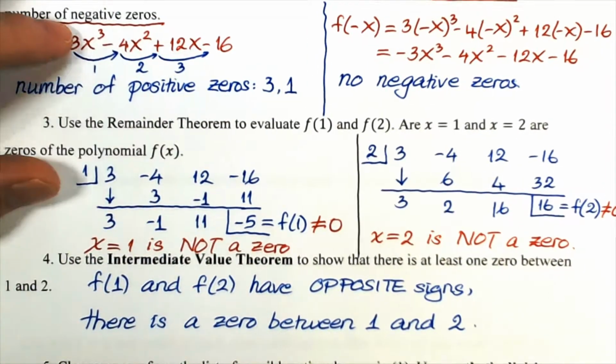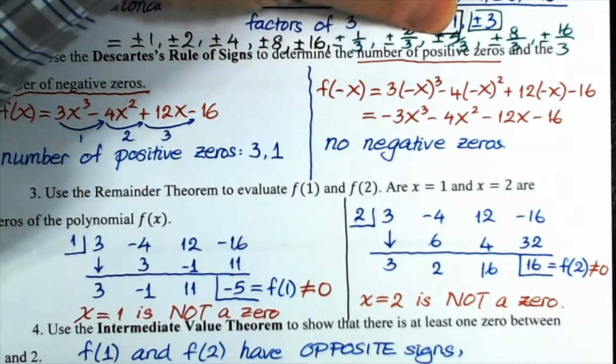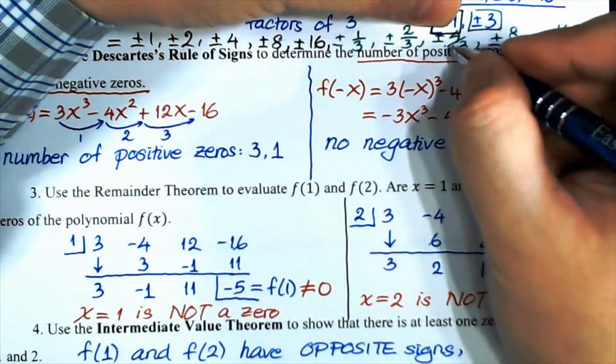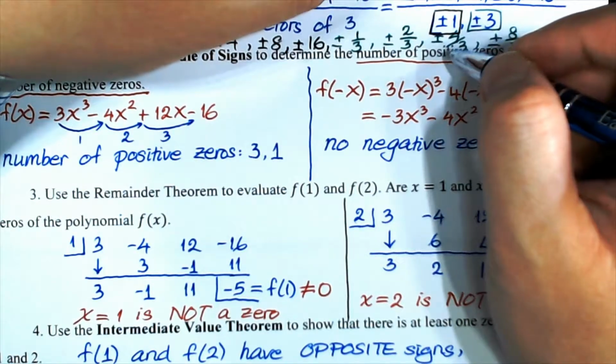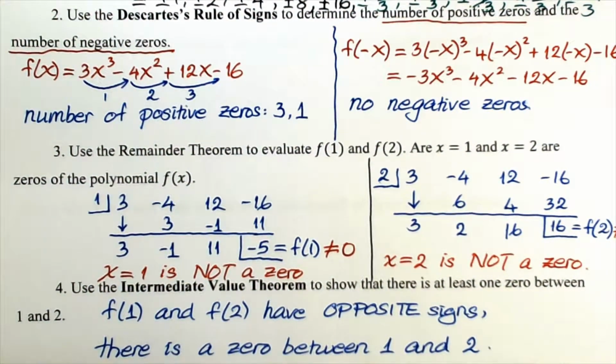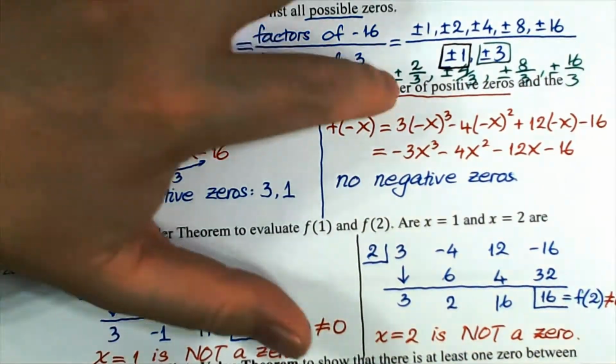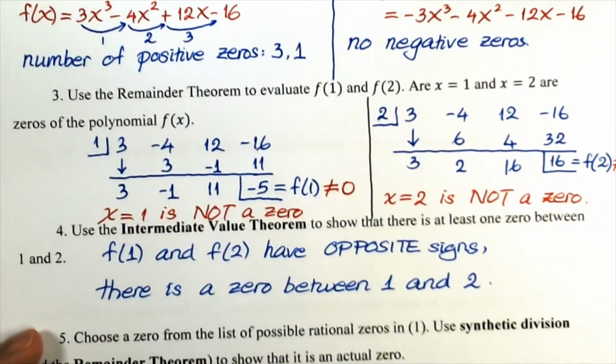Now, if we have to choose from this list, probably we have to choose 4 over 3 because 4 over 3 is 1.3 something, which is between 1 and 2. So that will be a logical choice. Without this, we just keep going with this list and hopefully we find one.